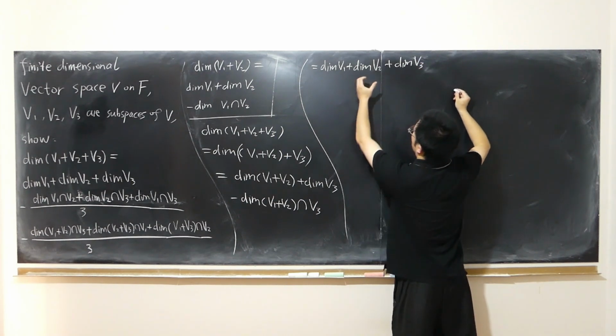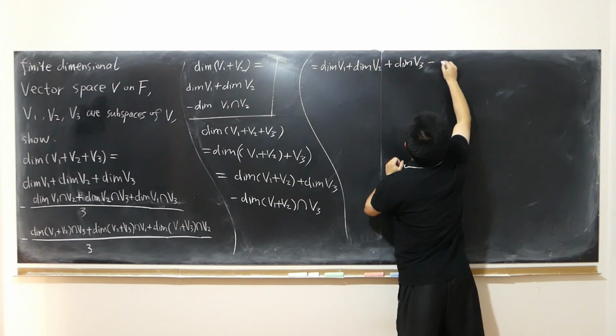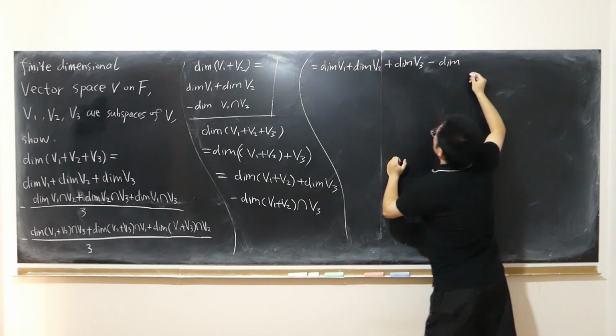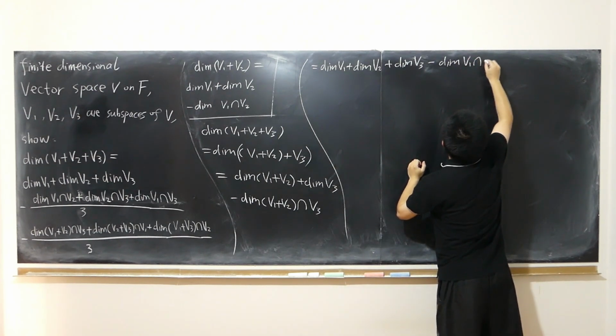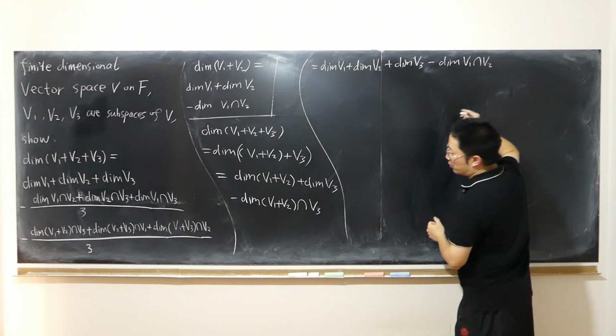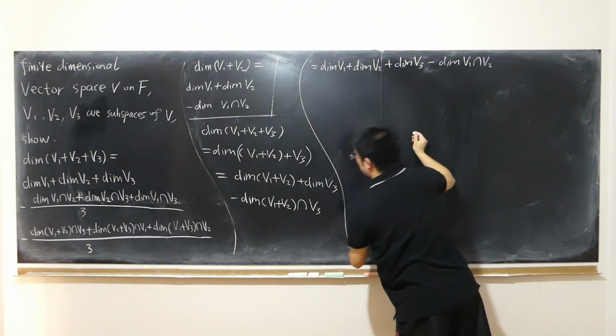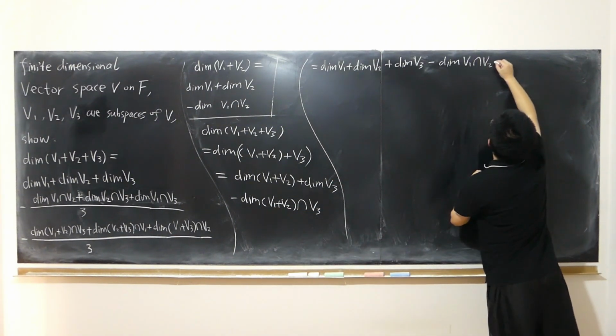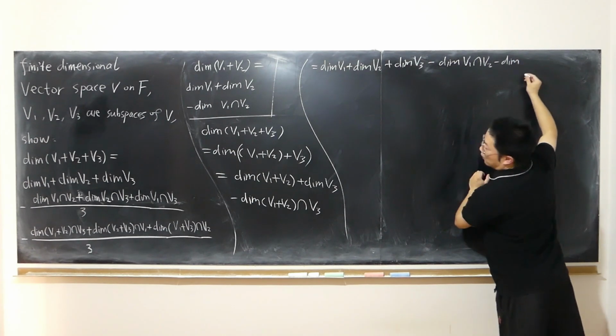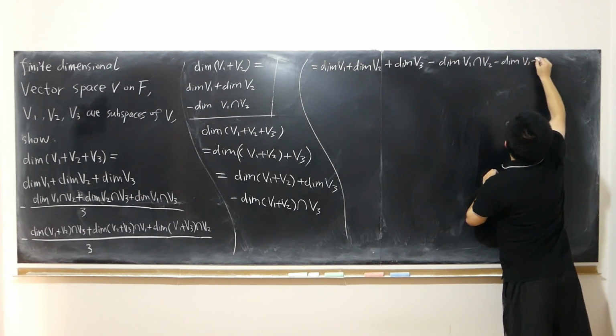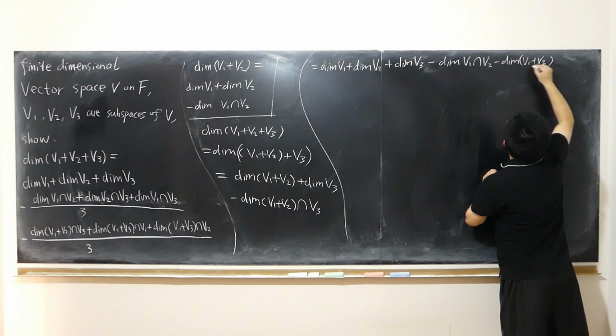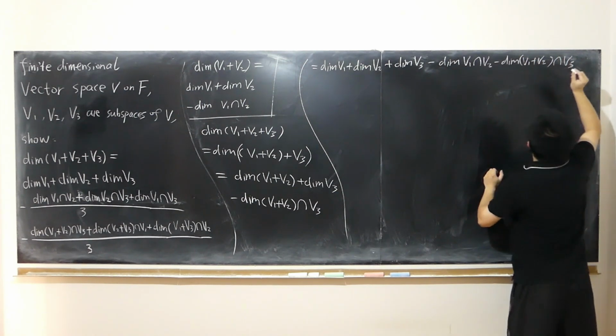Let's not forget minus the dimension of V1 intersects V2. Copy down this as well. Minus the dimension of V1 plus V2 intersects V3, no problem.